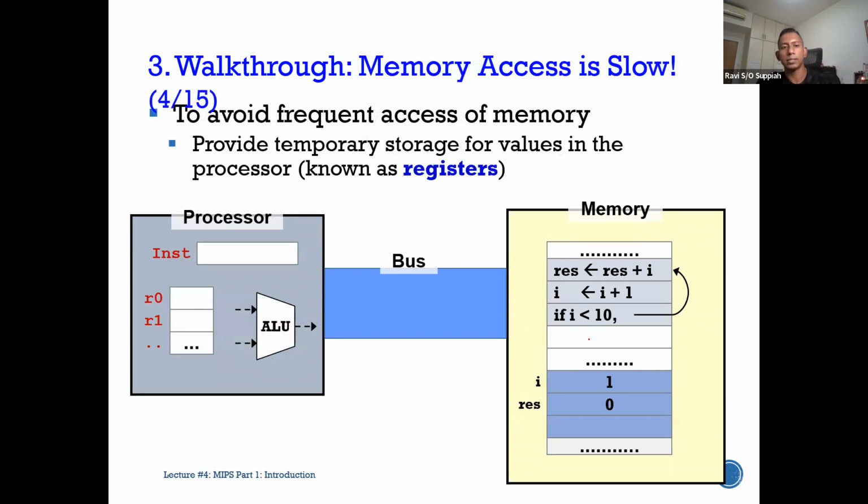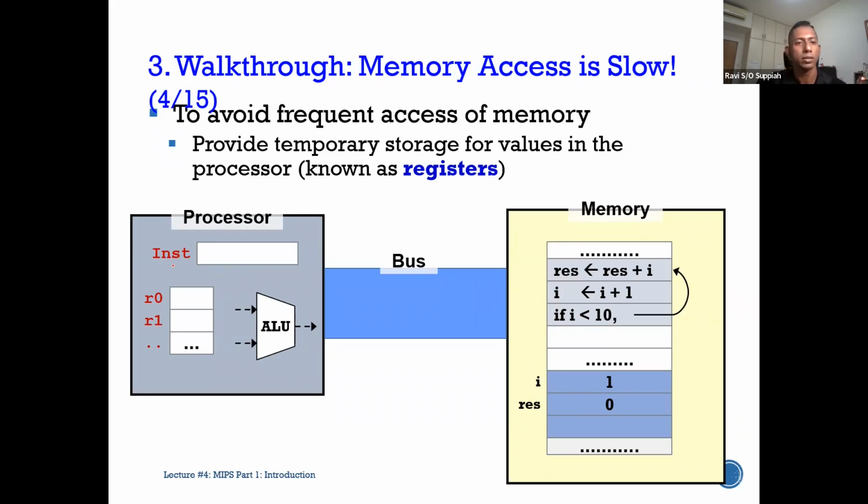The first thing is, in order for me to do the fetch, decode and execute, I need to be able to store my instructions inside a space in the processor.